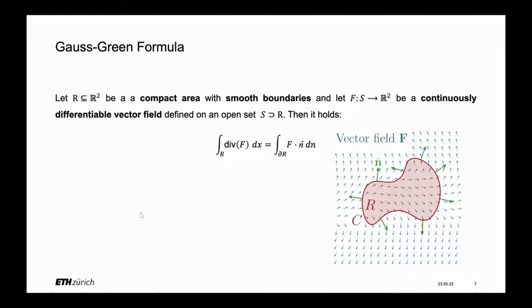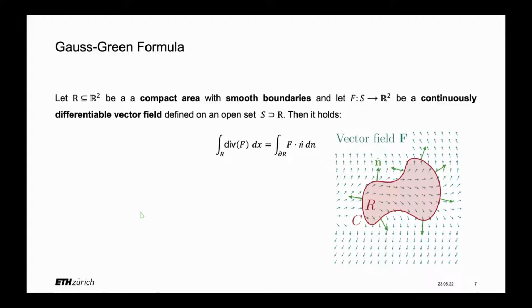What we see here is: let R, contained in R squared, be a compact area with smooth boundary, and let F, which goes from S to R squared, be a continuously differentiable vector field defined on an open set S, which contains R. Then it holds that the integral over our area R of the divergence of F dx is exactly equal to the integral over the boundary of R of F times the normal vector n dn.